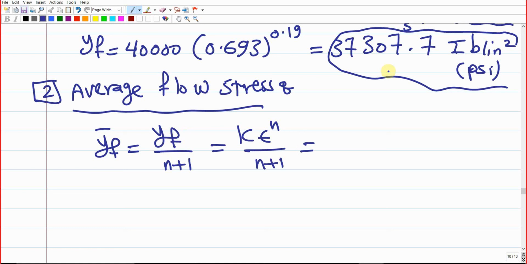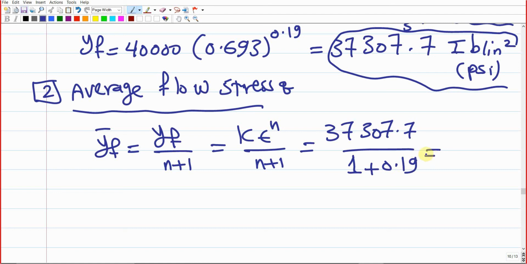We already calculated the flow stress as 307.77, divided by n plus 1, where n is given as 0.19. If we did the calculations, we shall end up with the average flow stress, 35, 1 psi. And that's it.